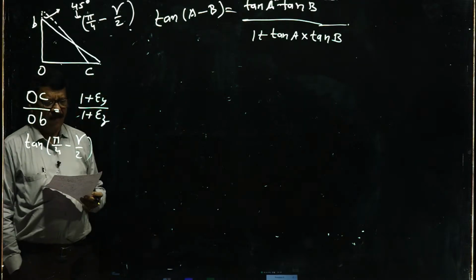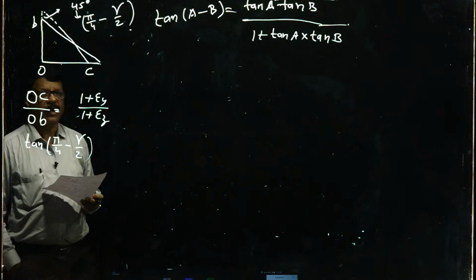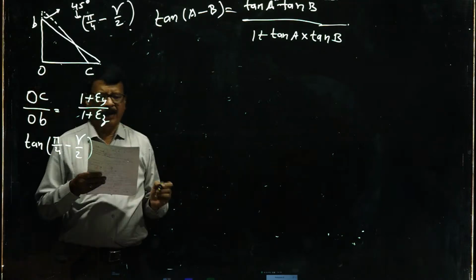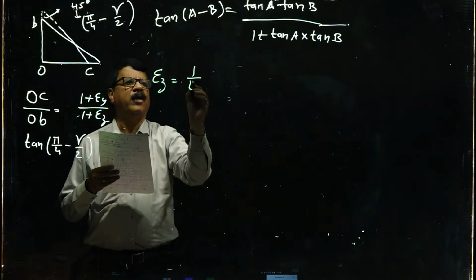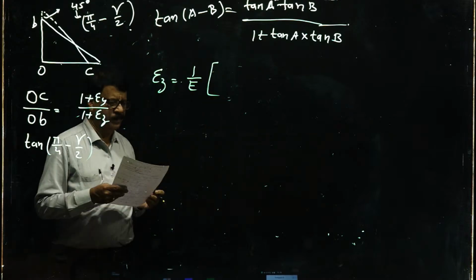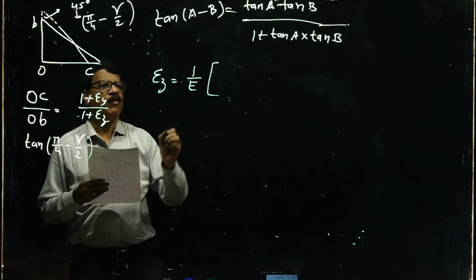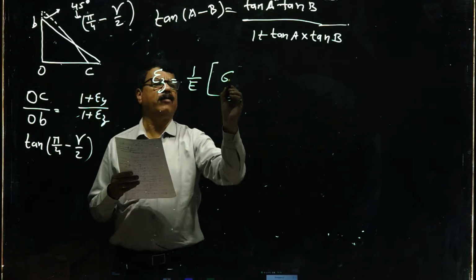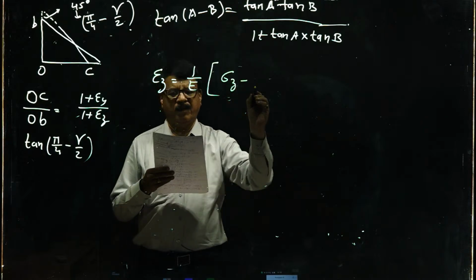Now we want to find out EZ and EY. From equation 3, you have the equation. You tell me.